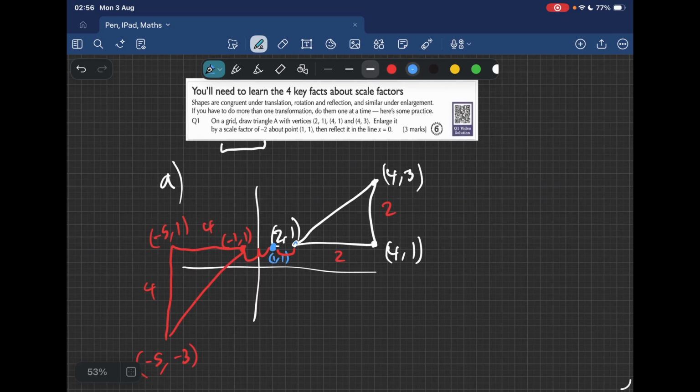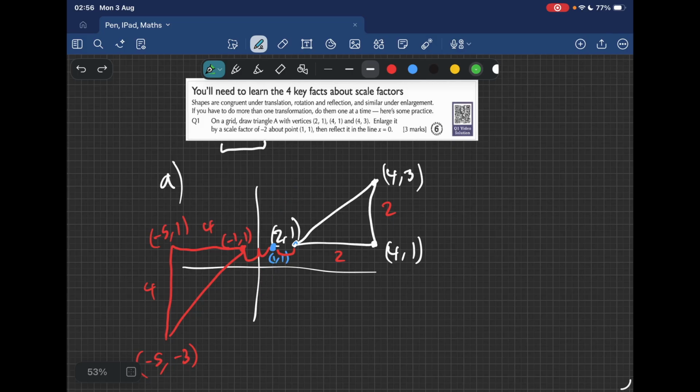And if we also do the lines, you can see these are crossing as needed. I find finding one point, by finding the point closest to this center of enlargement and saying, well, our original shape was 1 away, so a scale factor of -2 is going to be -2 away, and then working from there.